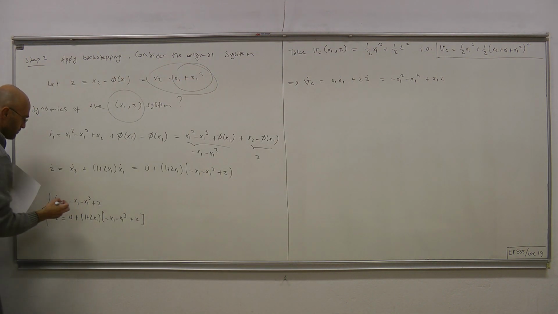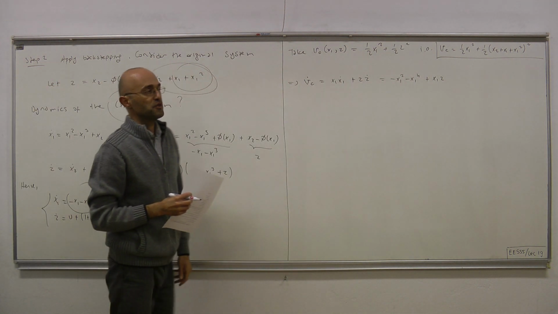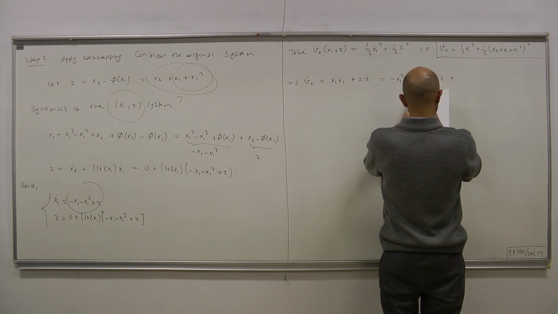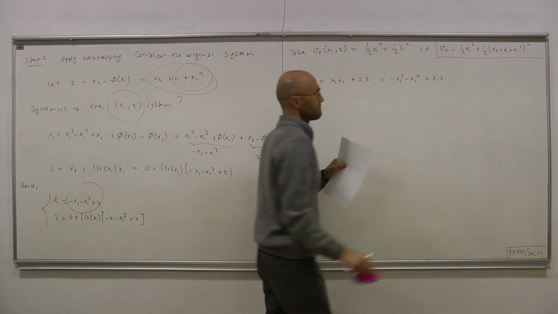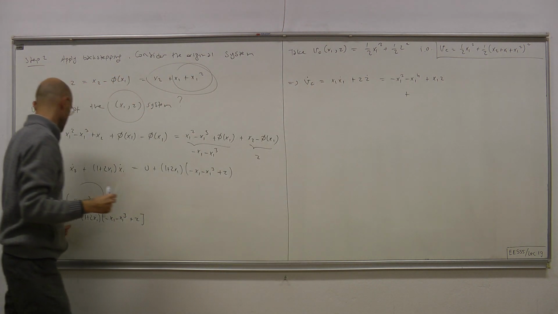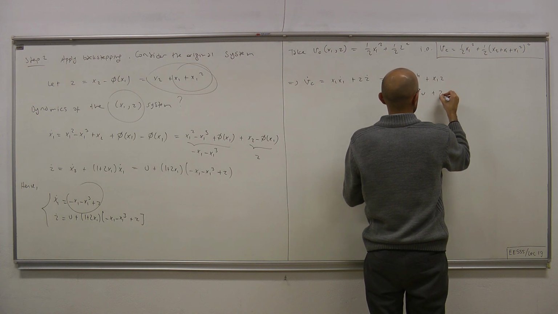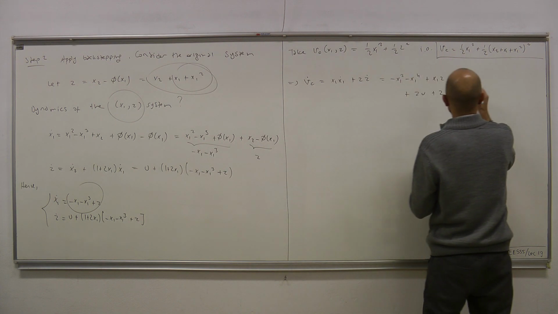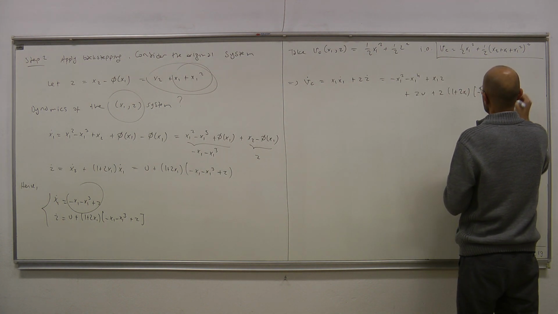Then we have plus z times z dot, which gives z u plus z times (1 plus 2x1) times (minus x1 cube plus z).